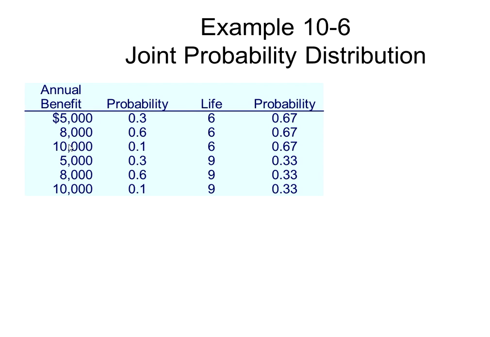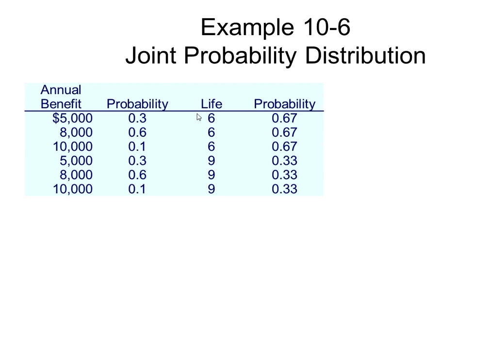And for 10,000 it's 0.1 here and also here. And then we also look at, okay, if we have a 5,000 annual benefit, we could have life 6, or for 5,000 annual benefit, we could have 9. So for any value of annual benefit, the life could be either 6 or 9.